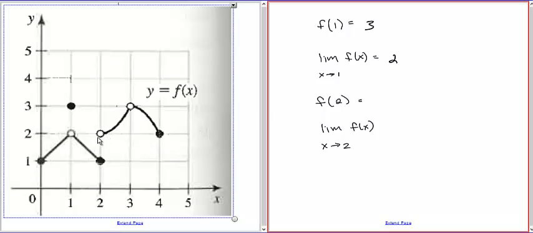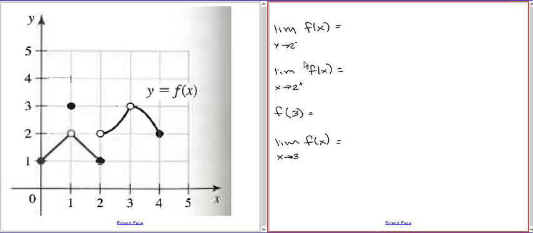Then we have this discontinuity. The value of the function is 1 because the dot is down here. This is empty. The limit does not exist because if you approach from the left-hand side, you get y equals 1. If you approach from the right-hand side, you get y equals 2. So we would say it does not exist.